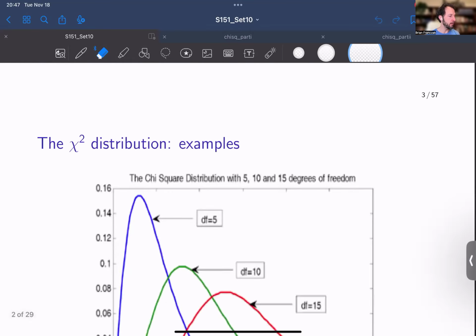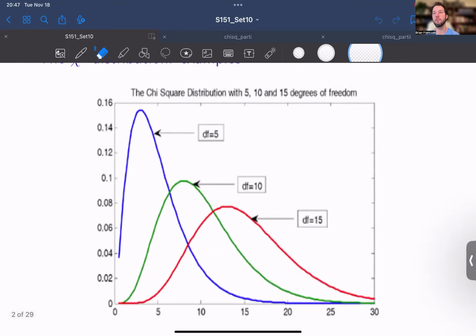Now, the chi-square is different from the student t and the standard normal in that it does not center at zero. It actually starts at zero and only moves in the positive direction. So it's a density curve that exists for only positive real numbers. Chi-square is a literal term, like a chi value squared, so it's always positive because anything squared is always positive.